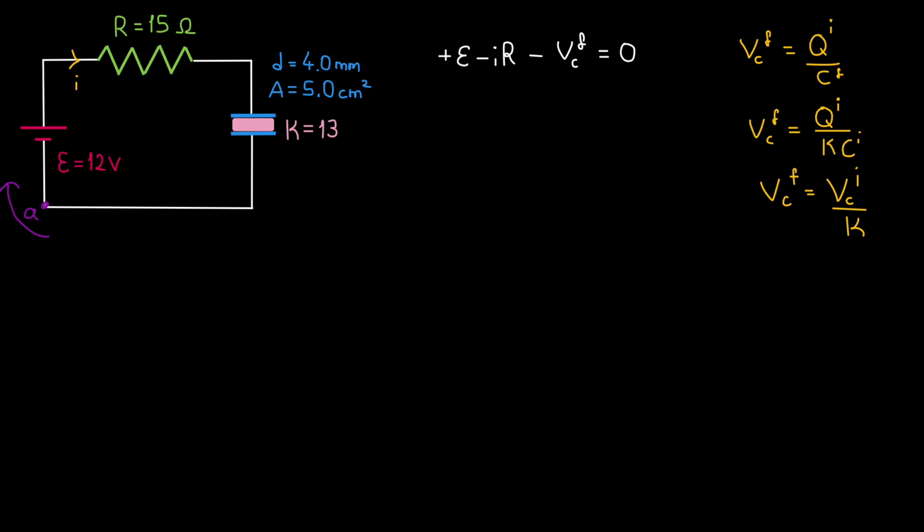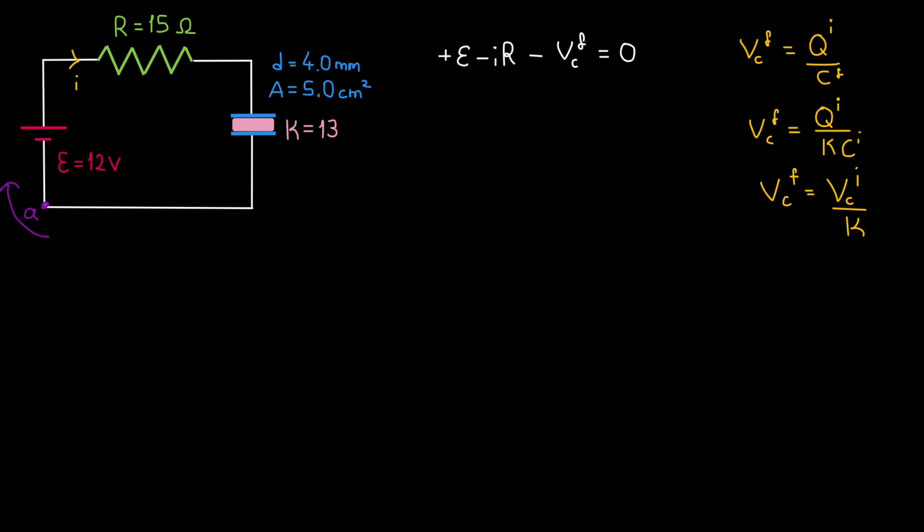So V sub C final is equal to Q initial divided by C final, being the original value of capacitance C initial times the dielectric constant K, right? So V sub C final is equal to Q initial divided by K times C initial.